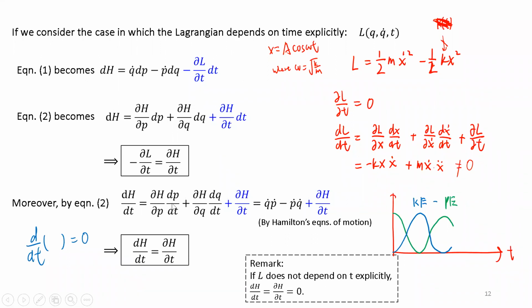That means partial H partial t is 0, and that means dH/dt is 0. So if L does not depend on time explicitly, then H is conserved.